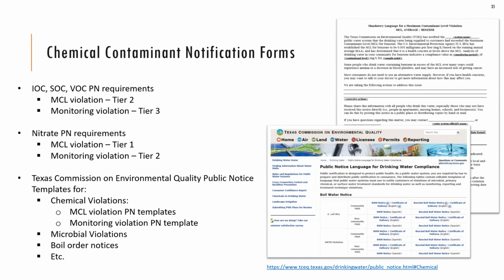TCEQ also has templates for boil water notices, other microbial violations, and other regulations that are outside of the chemical contaminants rule. So it's a very extensive list of templates that you can use to develop your own template or use yourself and understand what the requirements are for what should be in your public notification notice.